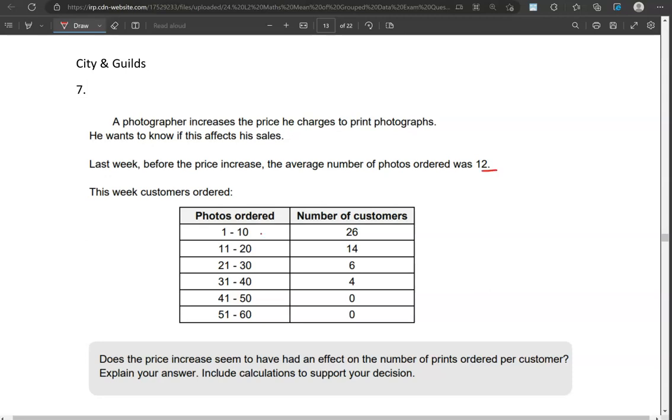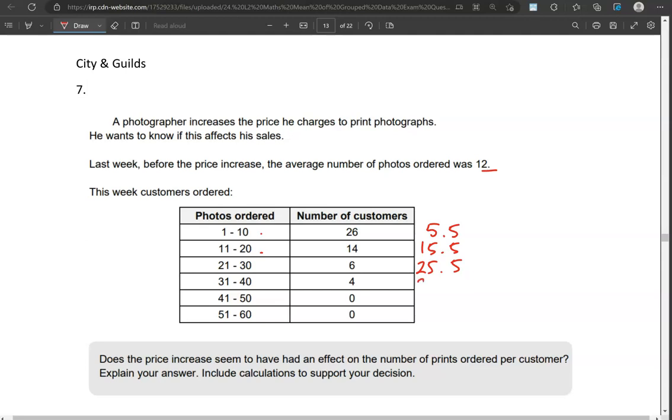So what is the midpoint between 1 and 10? So 1 add 10 is 11. 11 divided by 2 gives us 5.5. What is the midpoint between 11 and 20? So 11 add 20, that is 31. Divided by 2, it gives us 15.5. 21 and 30, that is 51. Divided by 2, that gives us 25.5. 31 add 40 is 71.